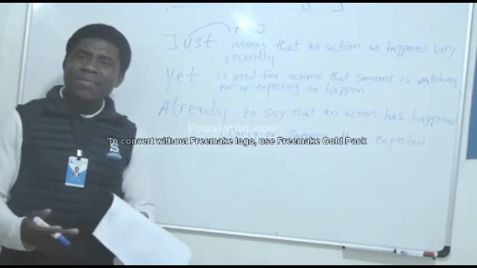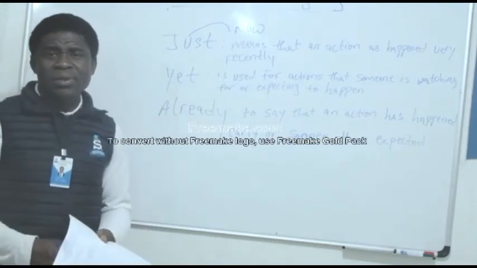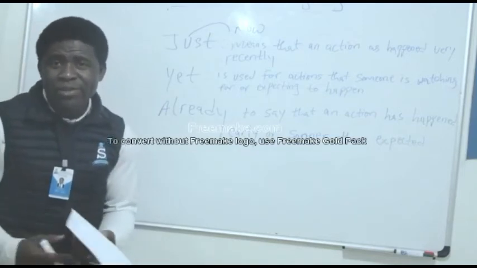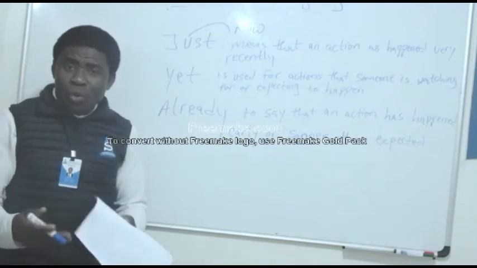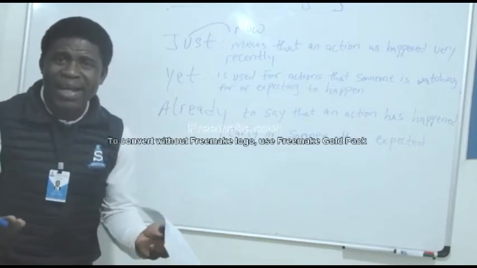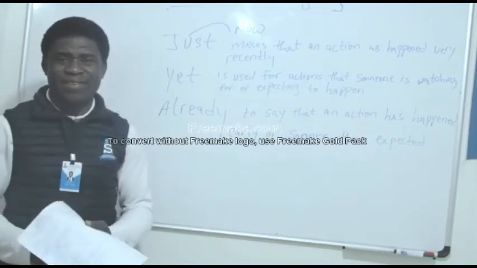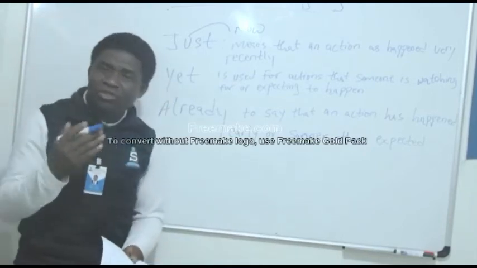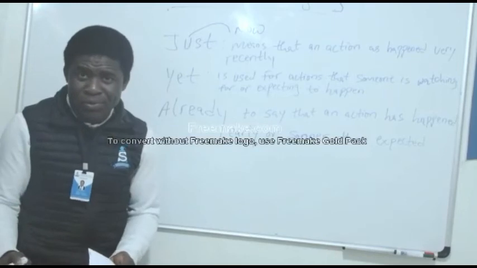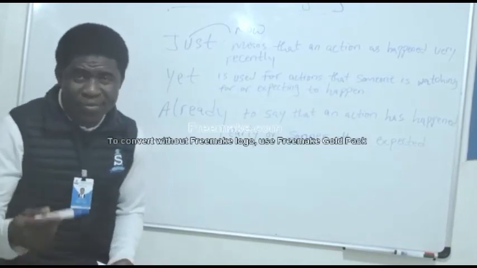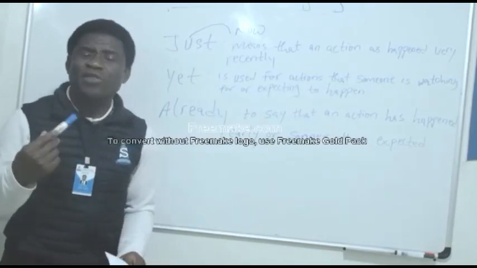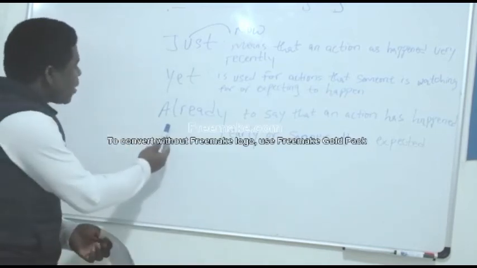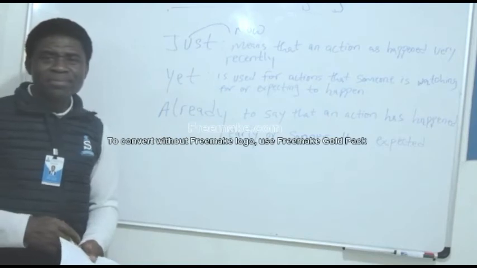Another example, I'm yet to open a bank account. Have you opened a bank account? No. Would you love to open a bank account? Yes. So we use the word yet for something that has not happened, but you hope or expect it to happen. What about already?